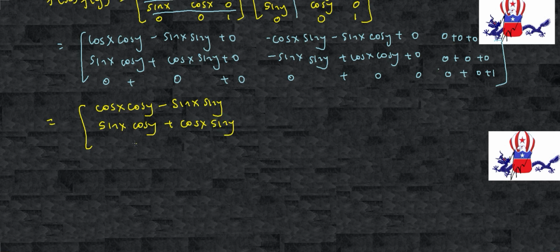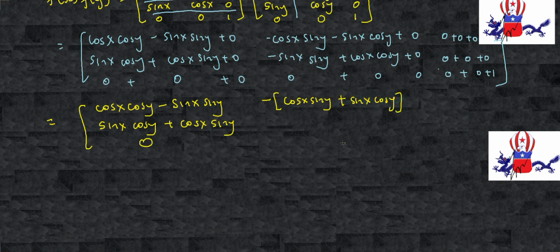For the last element, it's going to be 0. Similarly, I've got a negative cos x sine y. So I'm going to take the negative sign out and I'm going to rewrite it as cos x sine y, positive sine x cos y.